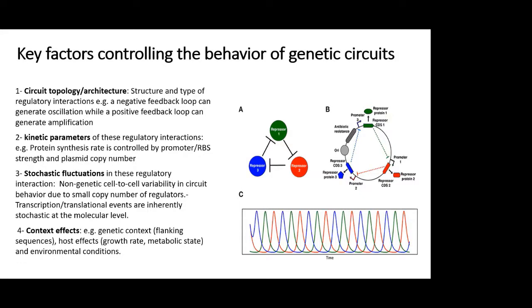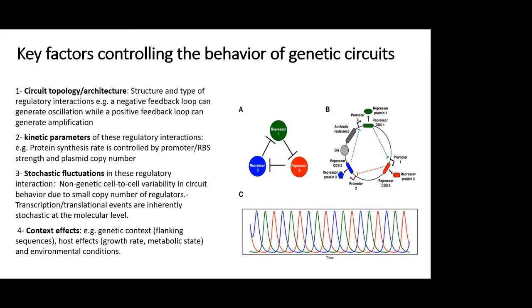And we have also another factor, the context effects. Genetic context, which is the flanking sequences. For example, you could have a promoter, the sequence of which could interact with flanking sequences, and this affects the access of transcription factors, or the access of ribosome binding sites. And also you have host effects: the metabolic state and growth rate of the host, the biochemical environment of the host itself, and the environmental conditions that the host exists in.